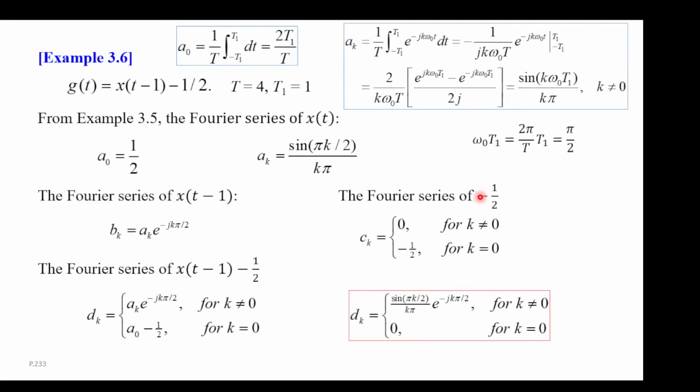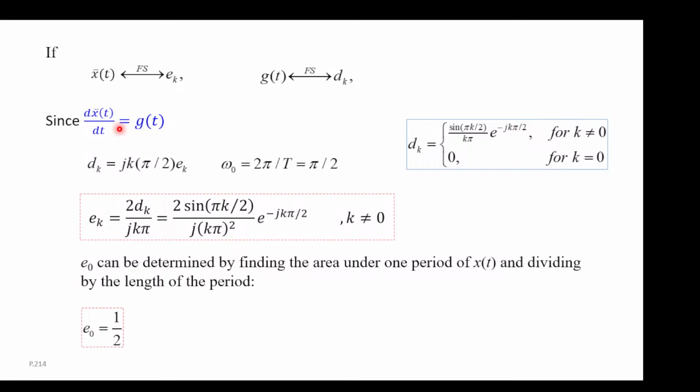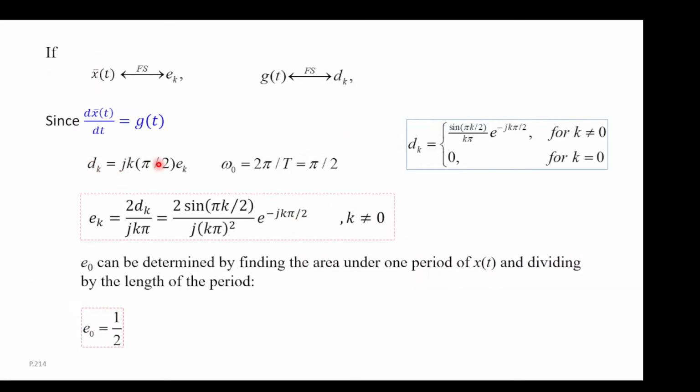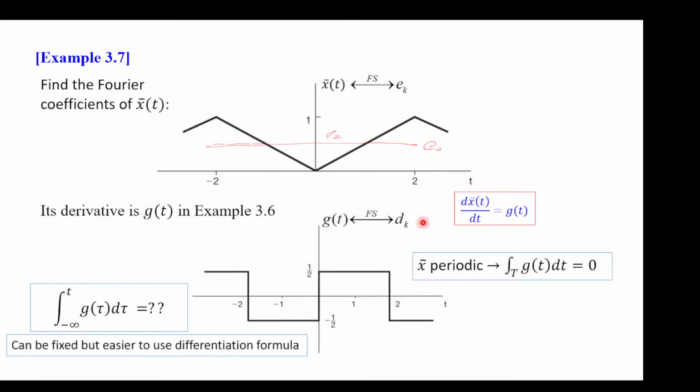So by the differentiation property, dk, the coefficient of the differentiation of this x bar, should equal jk omega naught times the coefficient ek. So dk equals jk omega naught ek, then ek equals dk divided by jk omega naught. So we get our result. We already know dk from before, then we divide it by jk omega naught, we get ek.